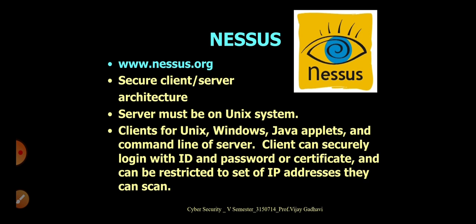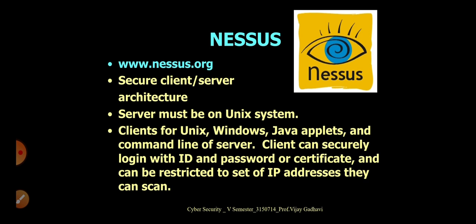Then Nessus.org. It has a secure client-server architecture, and the server must be on a Unix system. It's the most secure system in the entire world. Clients are available for Unix, Windows, Java applets, and command line for servers. That's all about the Nessus tool. A client can securely log in with ID and password or certificate.